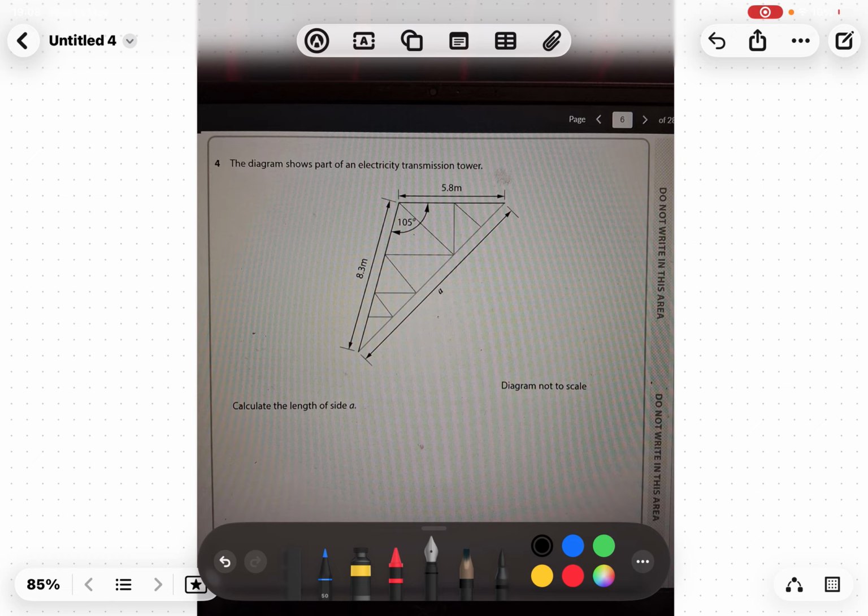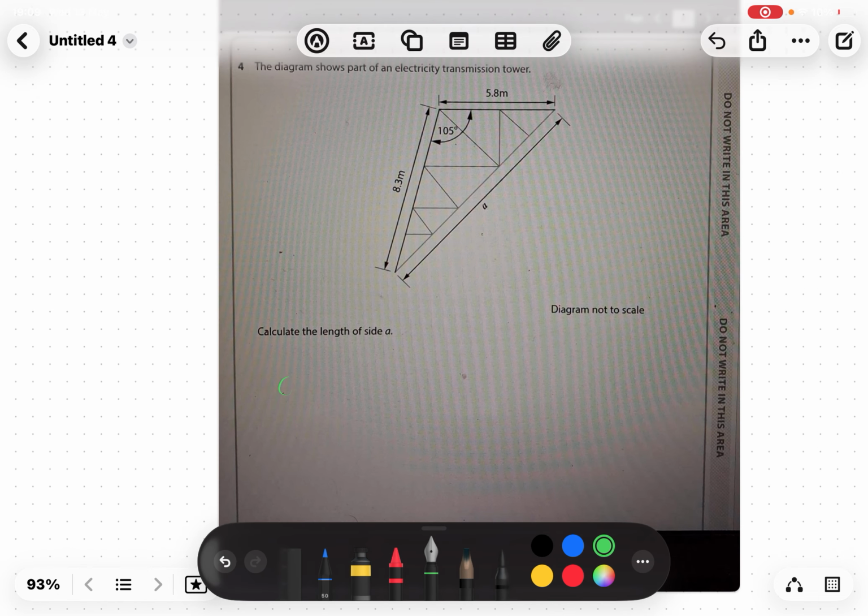It's the trigonometry rule, and the formula is a squared equals b squared plus c squared minus 2bc cos A.